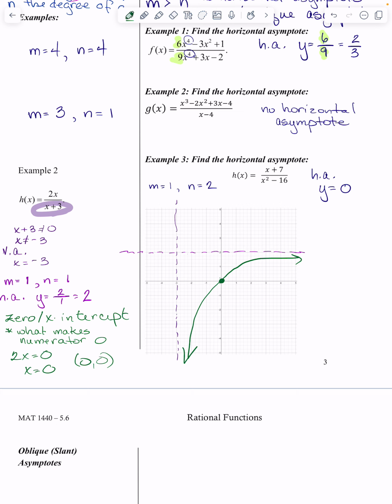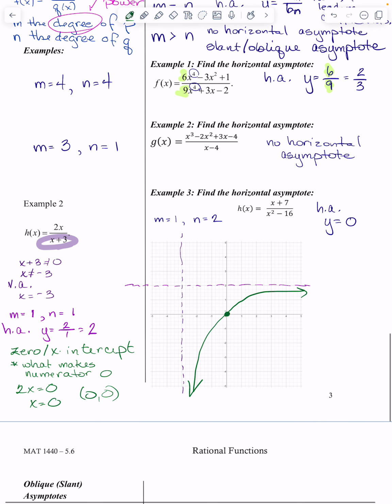Because I don't have an x squared, it's highly unlikely that things are going to be different. I am going to take a look at plugging in negative 4 and see what happens to the left of that vertical asymptote. So I got h of negative 4 is 2 times negative 4 over negative 4 plus 3.